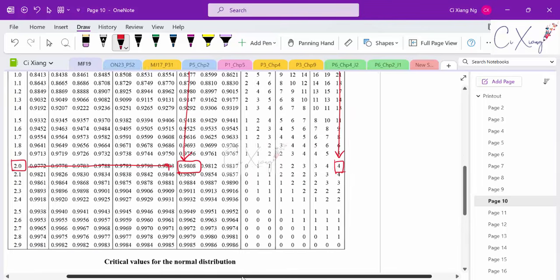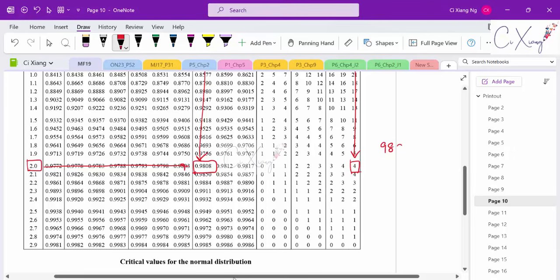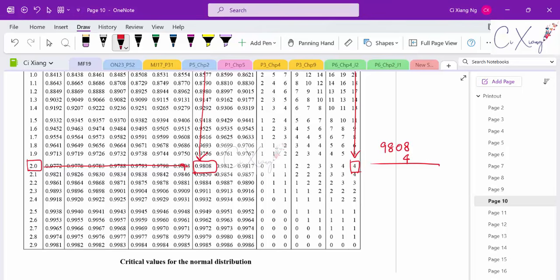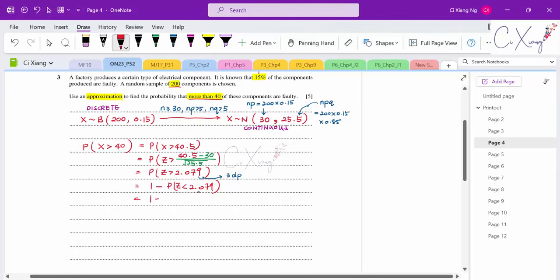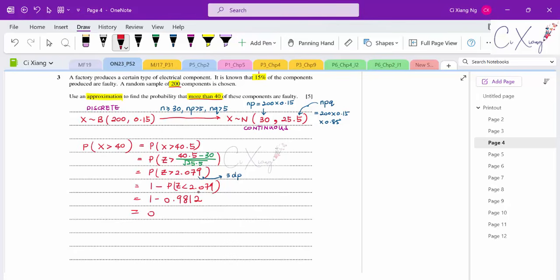Basically it means that you have to add the 4 to the last digit in your probability. So 9808 plus 4, you get 9812. That means the probability of Z smaller than 2.079 is actually 0.9812. Okay, so simplify the answer, and by right you should get 0.0188. Okay, so this is how we solve question number 3.